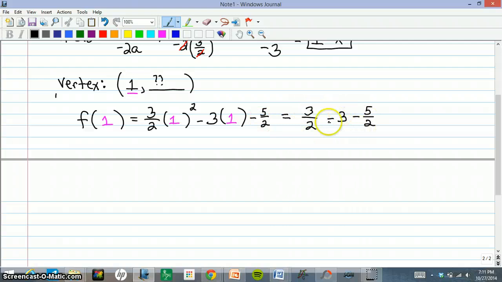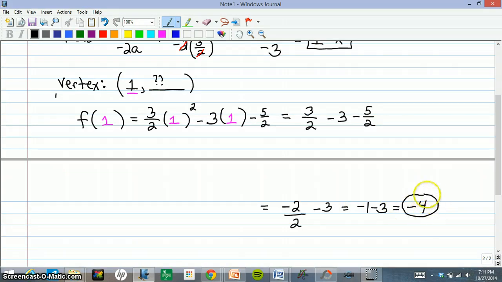I notice I have two fractions with the same denominator, so simple enough. 3/2 take away 5/2 is -2/2, minus 3. And in this case we get another simplification. -2 divided by 2 is -1, still minus 3, which works out to be -4.